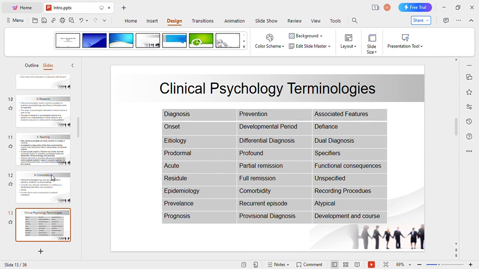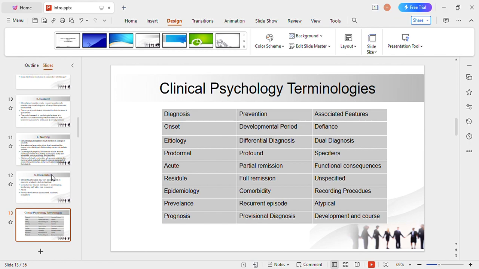Prevalence basically represents the ratio of any disorder, like what is the current ratio of schizophrenia maybe, or mood disorder, or how many persons are suffering from suicidal attempts and suicidal thoughts. So in a particular time period, the ratio of any disorder is known as prevalence. The next terminology is prognosis, which represents the chances of recovery from any disorder or illness.